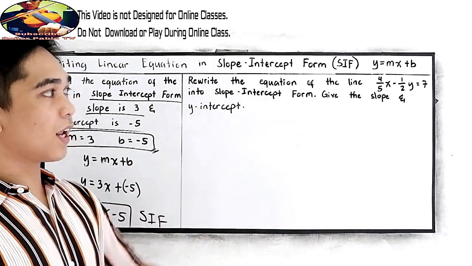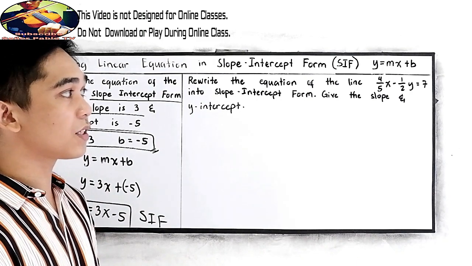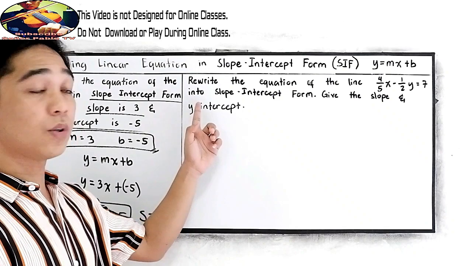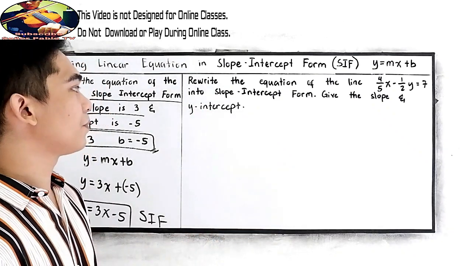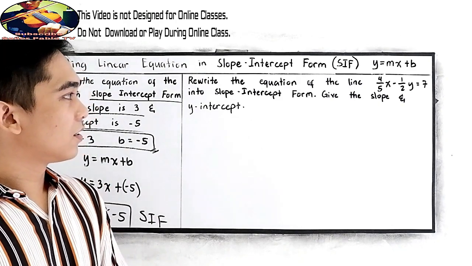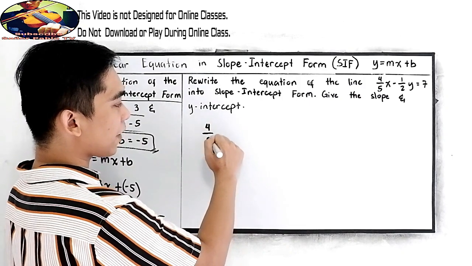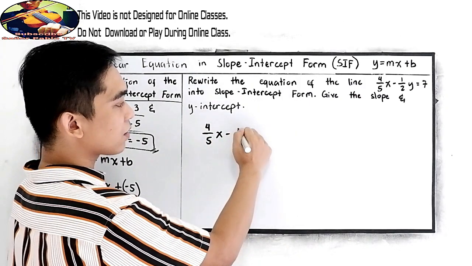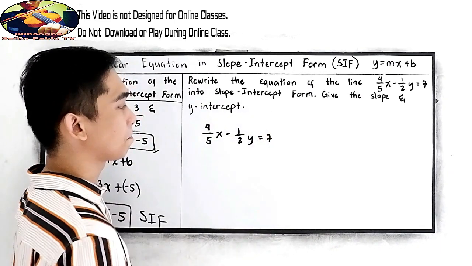Write the equation of the line 4 over 5x minus 1 over 2y is equal to 7 into slope-intercept form. Give the slope and y-intercept. So we have the given 4 over 5x minus 1 over 2y is equal to 7.